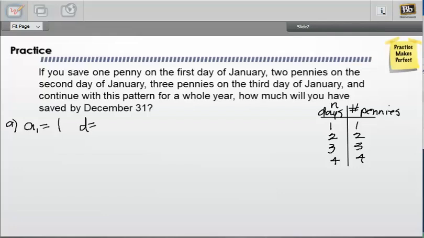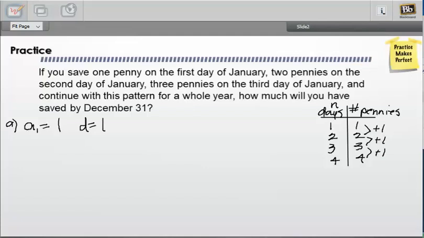So what's happening in my sequence? You're adding 1 each day. Well, I don't want to say adding 1. My difference is, each day it's increasing by 1 that I'm adding. That's the correct way to say that.